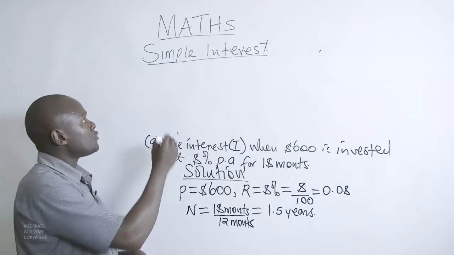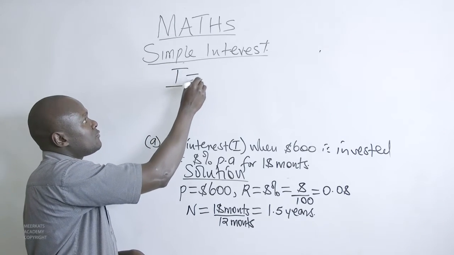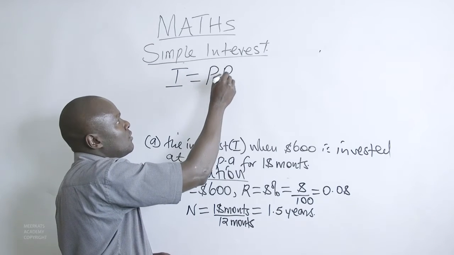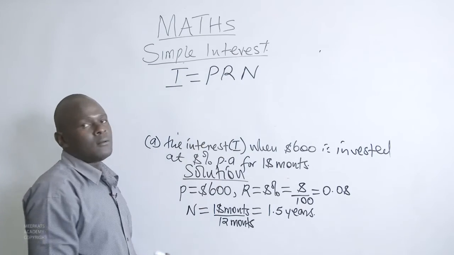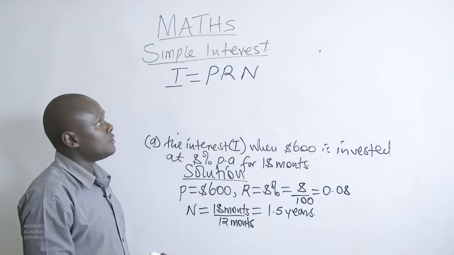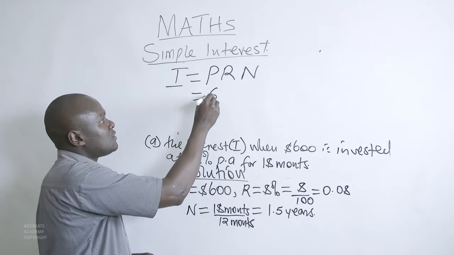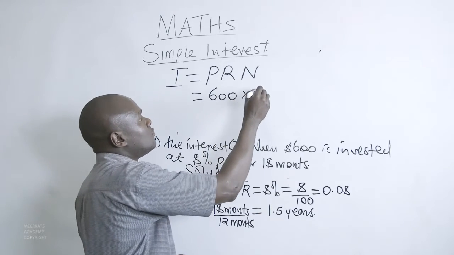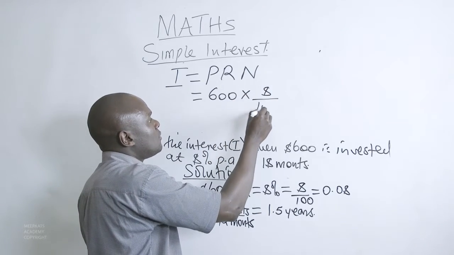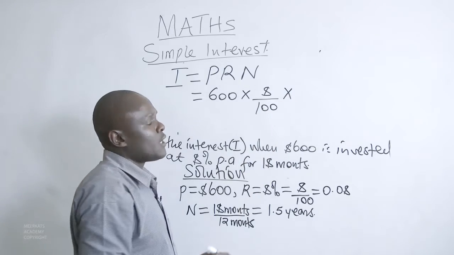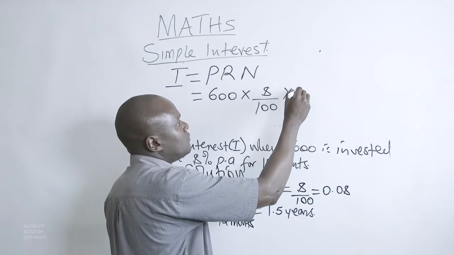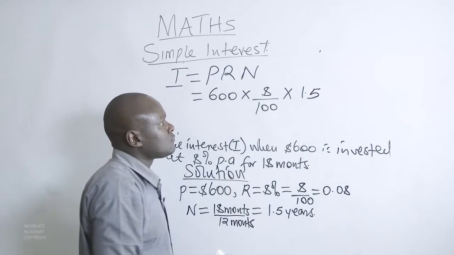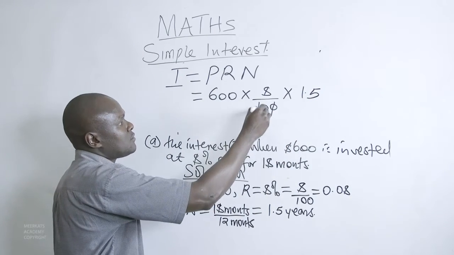The next thing we are supposed to do is to write down our simple interest formula, where interest is equal to the product of the principal, the rate, and the period. The principal we are given is $600. The rate we have is 8 out of 100. And then the period we have is 1.5. The 100 and the 600 will cancel.